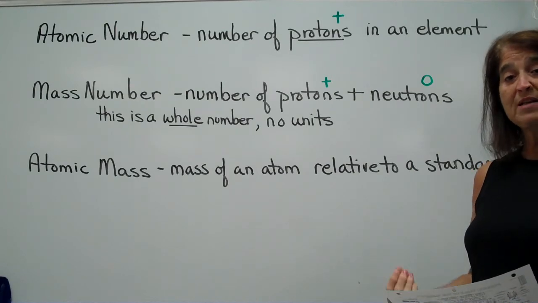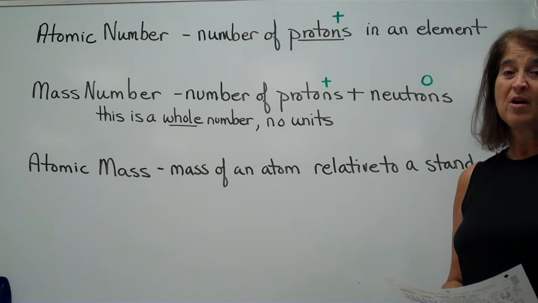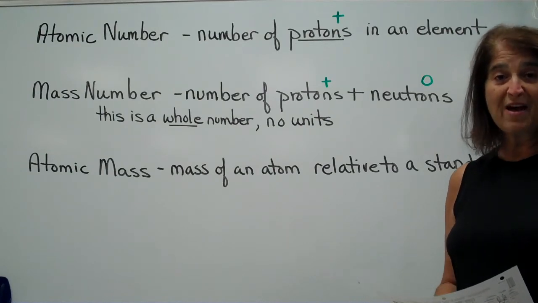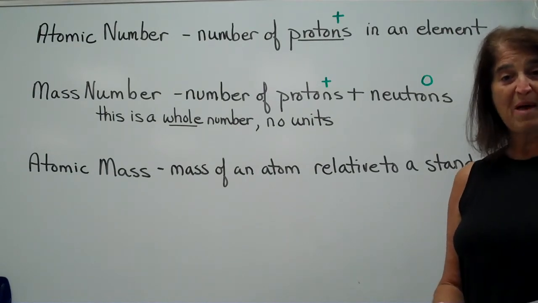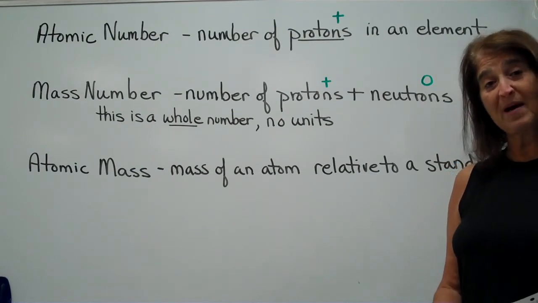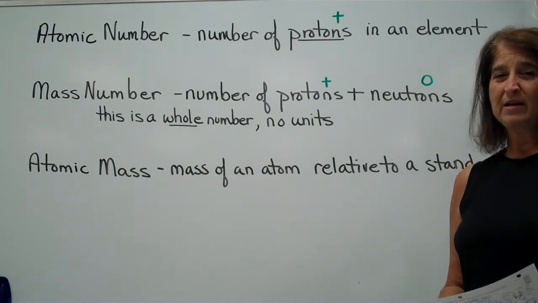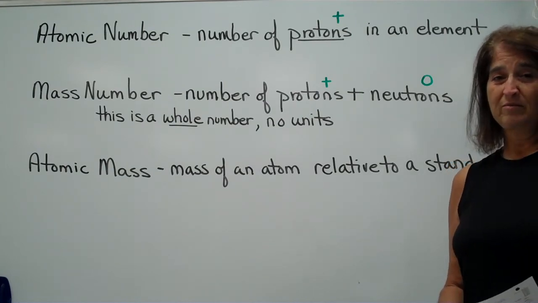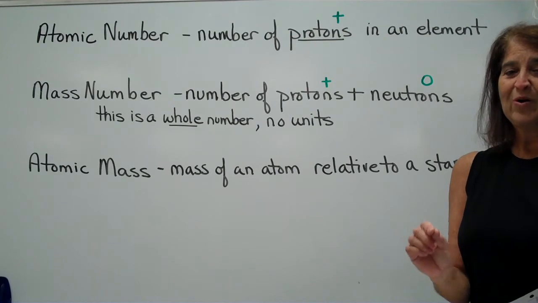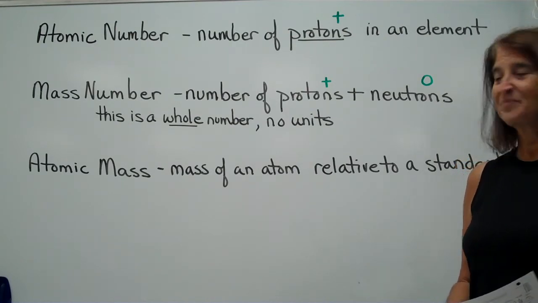So we have protons and neutrons in the nucleus of an atom. Protons and neutrons both have mass. All matter is defined as something that has mass and occupies space. The mass of the proton is very similar, but one is slightly larger than the other. The neutron is slightly larger.